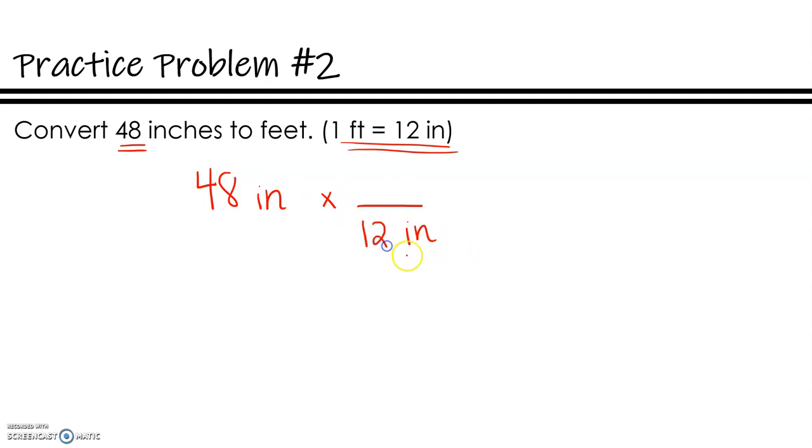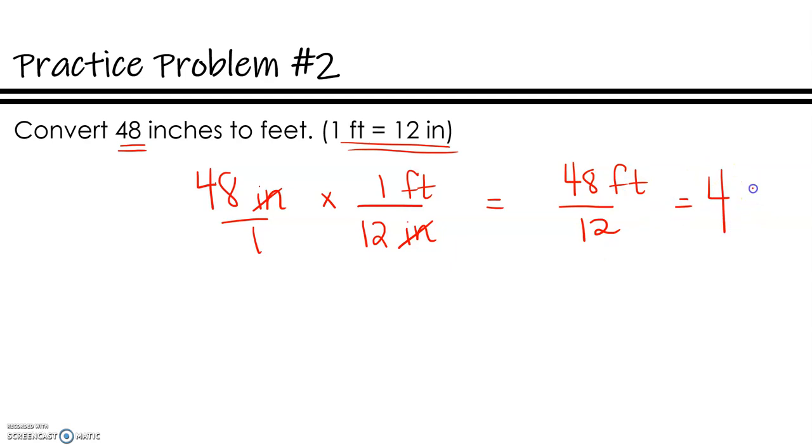So 12 is going to go on the bottom, feet is going to go on top. And I'm ready. 48 times 1 is 48. 1 times 12 is 12. My inches cancel. And 48 divided by 12 is actually 4 wholes. So my answer is 4 feet.